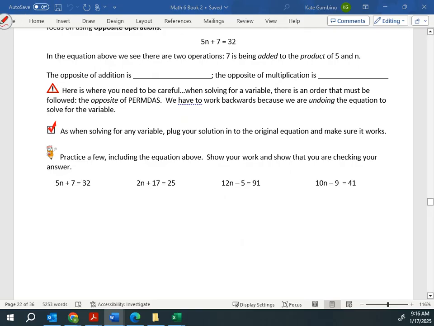What is the opposite of addition? Emma. Subtraction. What is the opposite of multiplication? What is the opposite of multiplication, Gemma?